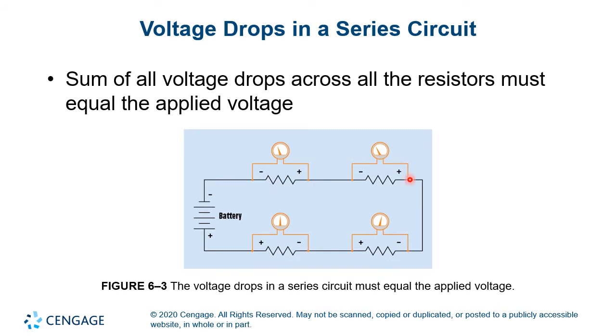The total of the voltage drops across all of these components is going to equal the applied voltage, in this case coming from the battery. So if you measure these and sum them up, they give you the total voltage applied to this circuit.